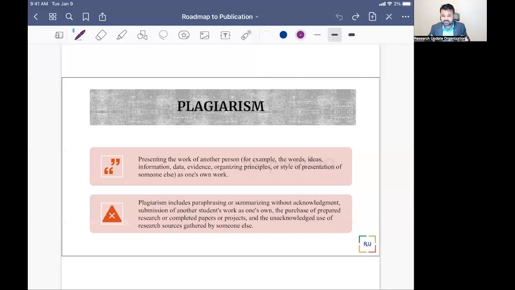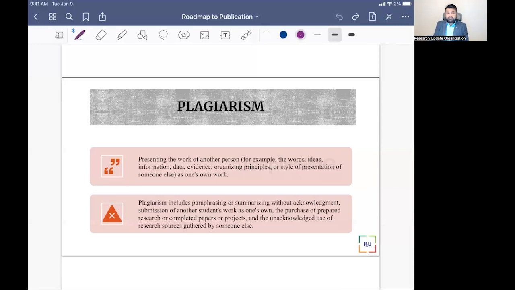Plagiarism is the most common troublesome factor when you are working with manuscripts or doing clinical research, because directly or indirectly, sometimes you use someone's material, you don't give them credit or acknowledgement, and then you publish it.